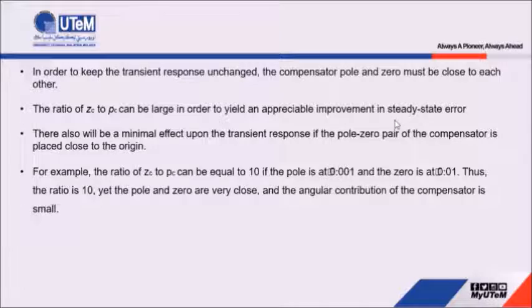There will also be a minimal effect upon the transient response if the pole zero pair of the compensator is placed close to the origin. For example, the ratio of ZC to PC can be equal to 10 if the pole is at 0.001 and the zero is at 0.01, thus the ratio is 10. Yet the pole and zero are very close and the angular contribution of the compensator is small.